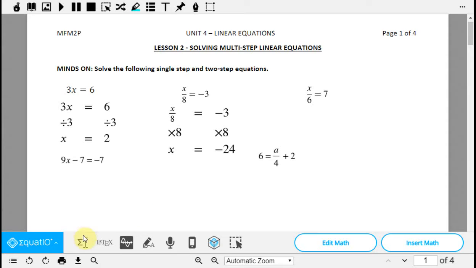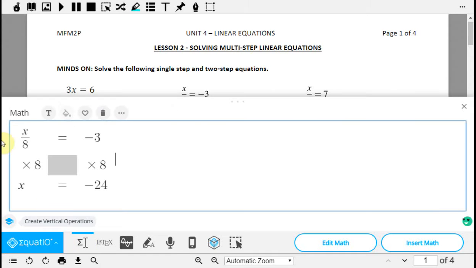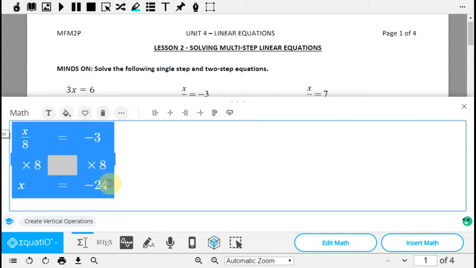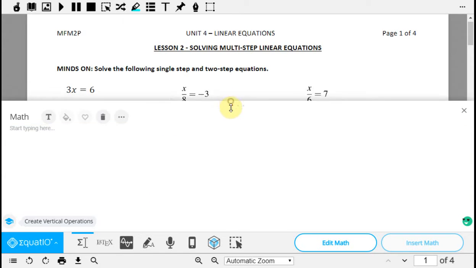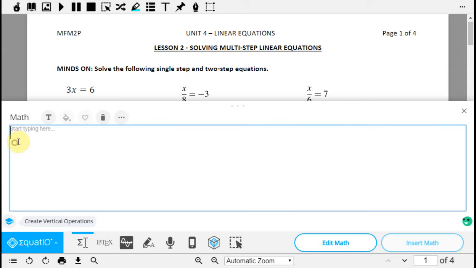And then we'll do the next equation. You can just start from scratch again. X divided by 6, or x over 6. X backslash 6 is equal to 7, so I'll press enter. Insert a column, and insert another column.